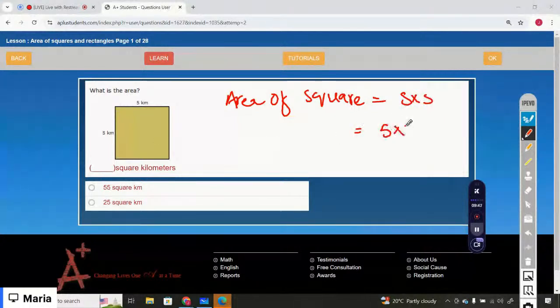So the sides are 5 times 5, that is 25 square kilometer. The correct option is 25 square kilometer. Option number 2 is the correct option.